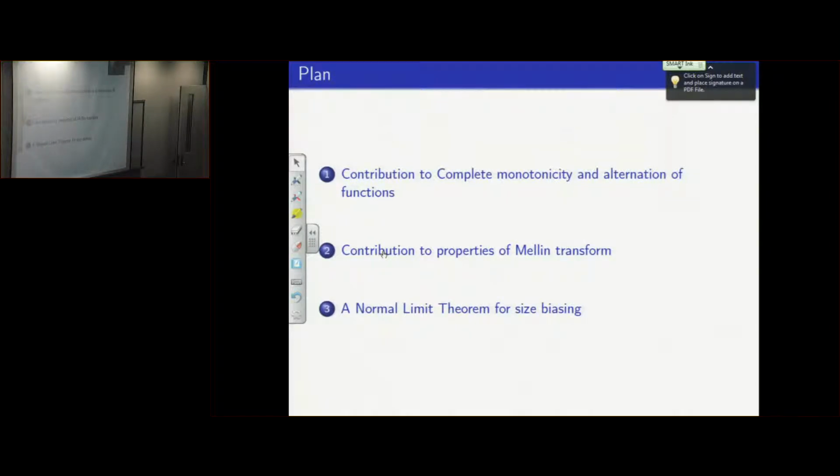This talk is divided into three parts. The first part is my joint contribution to the topic of complete monotonicity, and it's a joint work with Rafik Aguech, who is present with us today. The second part will be more probabilistic and solves the problem of Harkness and Shantaram, and the solution will be explicitly given in part 3.